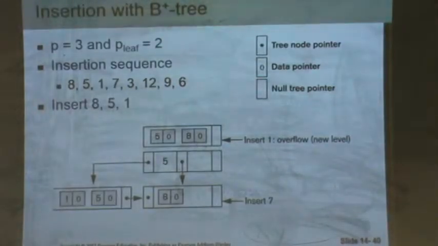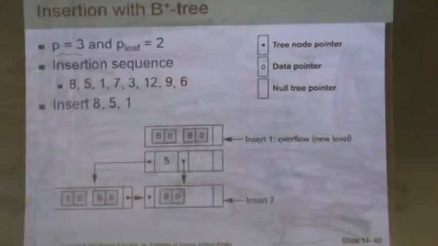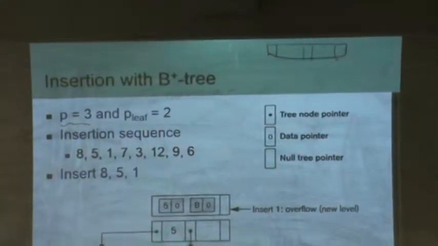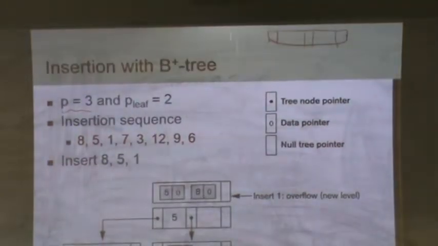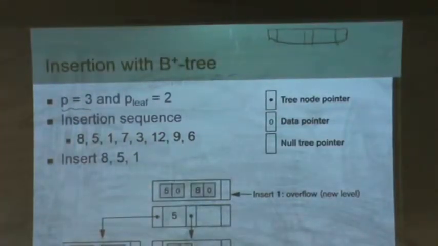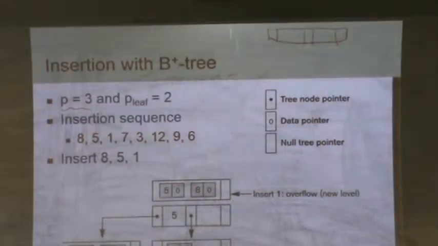So in case of P equal to 3, how many children? 3 children. Okay? So with 3 children, how many index key entries? 2. Actually, it's not a key. Okay, it's a separator. It's a classifier.